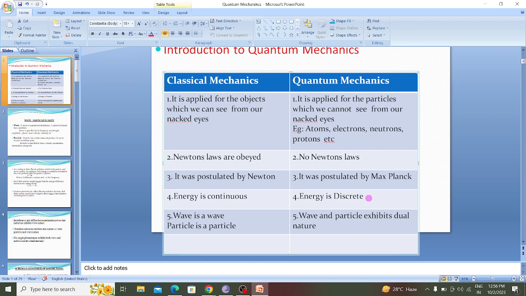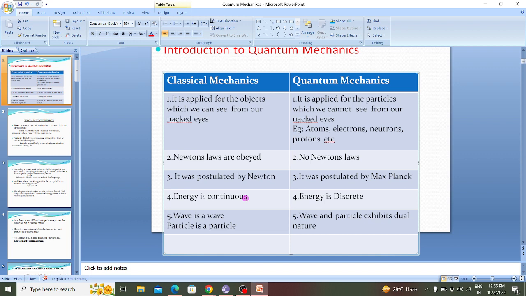We have the principal quantum number, azimuthal quantum number, spin quantum number; all these quantum numbers we find in quantum mechanics. Whereas in classical mechanics, there are no quantum numbers and no discrete energy levels.